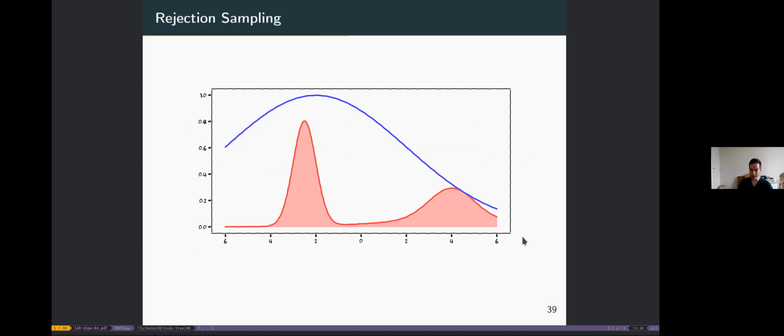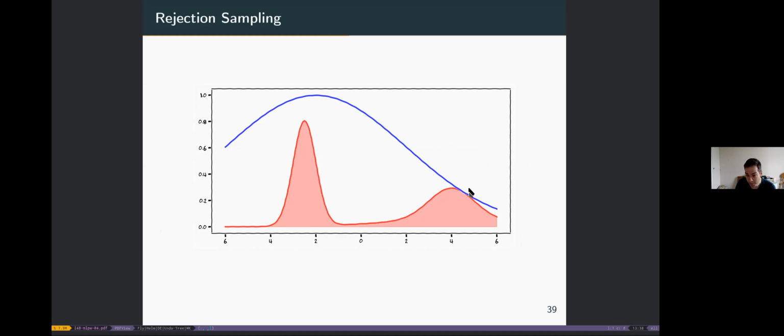The first approach is something called rejection sampling. So now I have my red distribution again, using this example throughout. Then I pick a distribution that I know I can draw samples from.